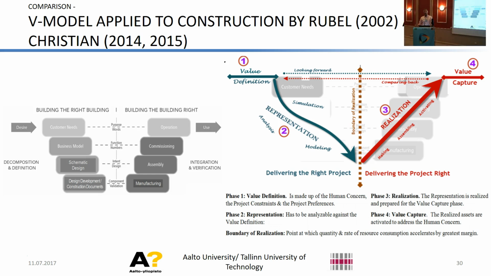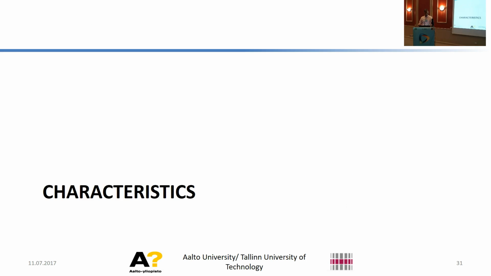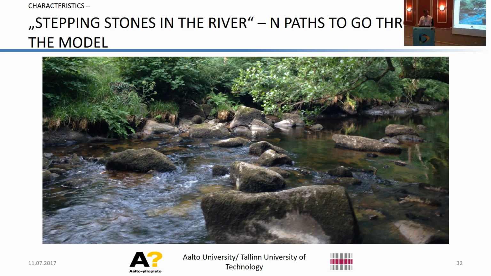Many examples. The best one I know now is probably the B model from Christian Liquid and the other guys who showed their work in 2014 and 15 at the IGLC. And it probably comes closest to what I've been doing. And that's quickly about the characteristics. There are many ways of going through this model.